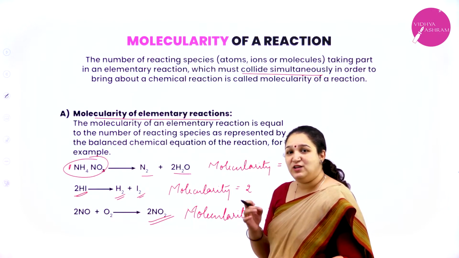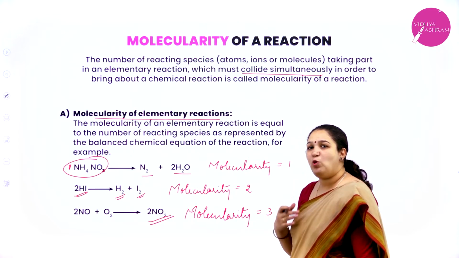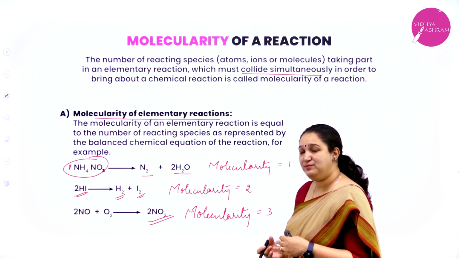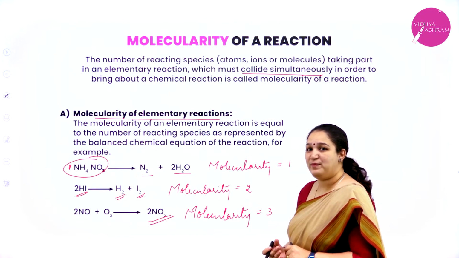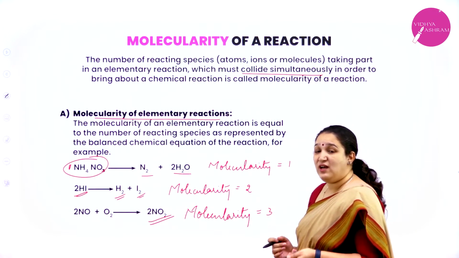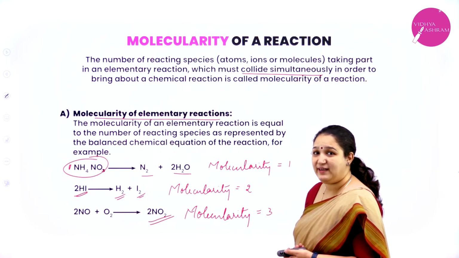That is the reason usually molecularity will be 1, 2 or 3. If it is more than 3, we get an idea it is not an elementary reaction, it may be a complex reaction.